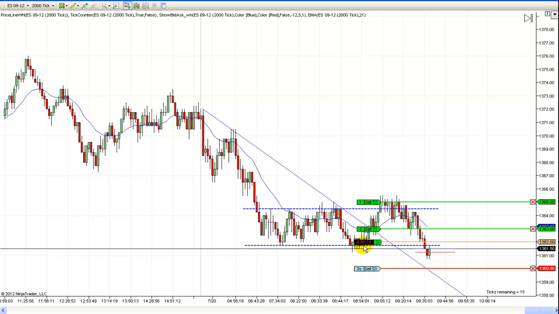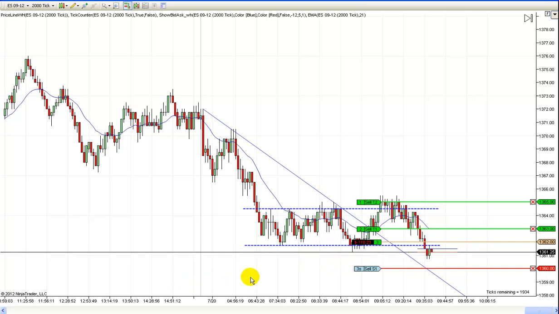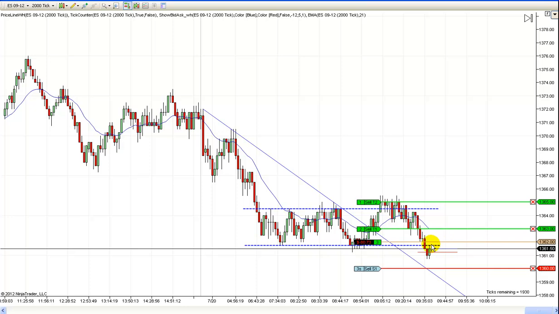Now the previous support, you can see we're having a little trouble getting back through there, and that's what you expect. Until this holds as resistance, we're not looking for another short yet.